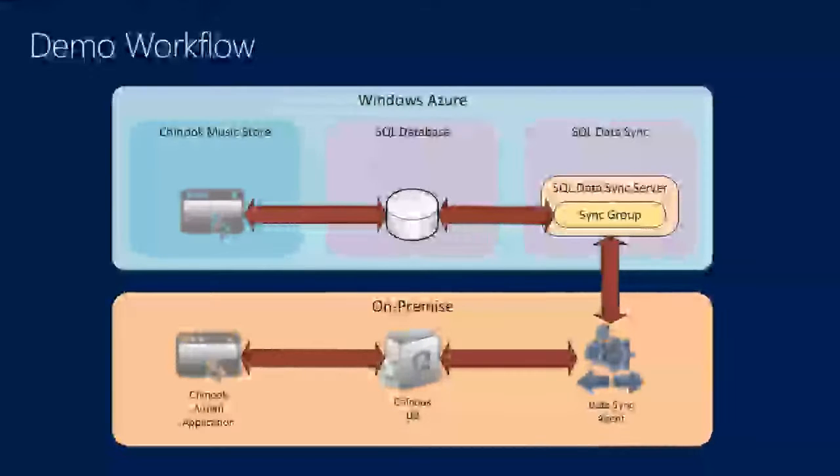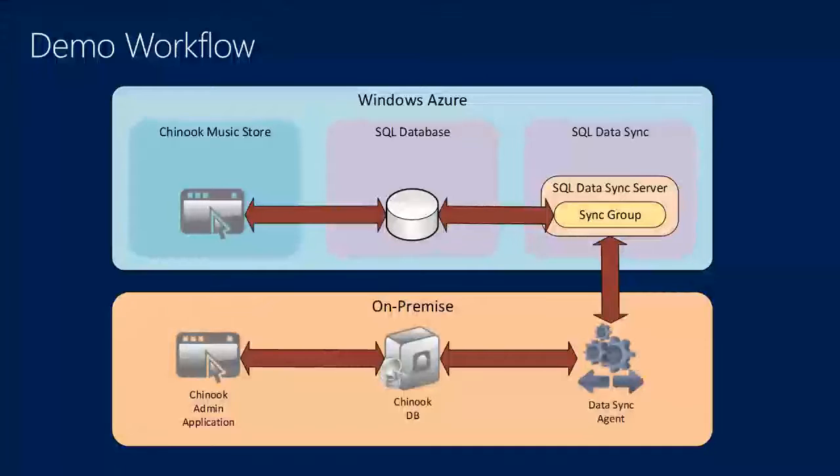So this is just a little workflow of what happened when we did this data sync. Hypothetically, we could have a Chinook admin application that people are adding new artists and albums and tracks into our database. And that data goes into our Chinook database that's on-premise.